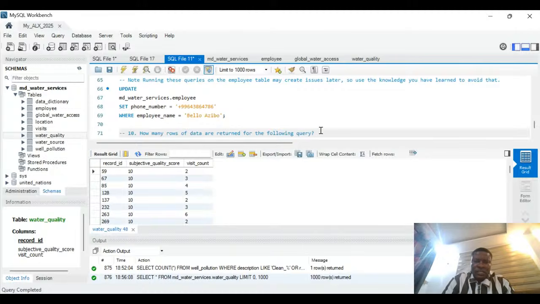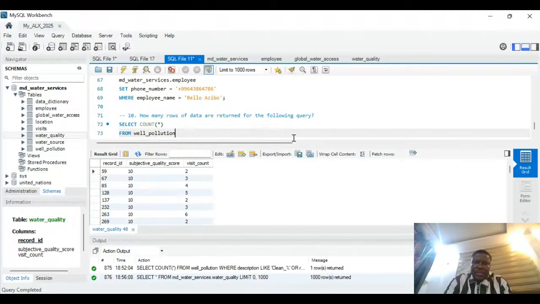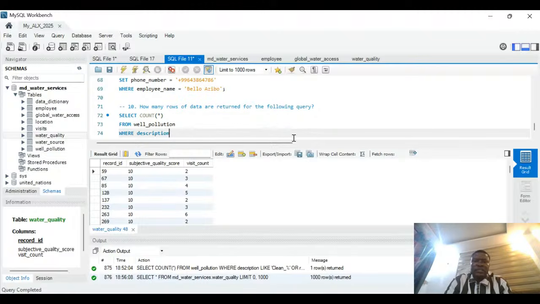Now, the last question on the bill is question number 10. How many rows of data are returned for the following query? So question number 10, when we talk about how many rows of the data are returned for the following query, it means that we have to execute the query and then see what the answer will be.